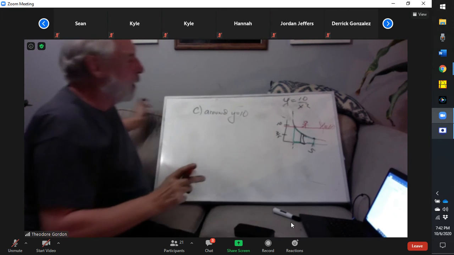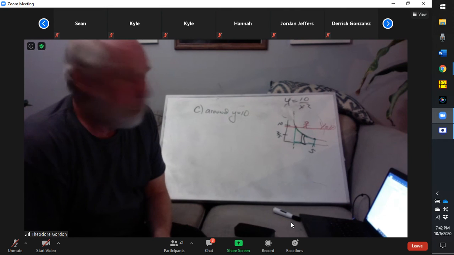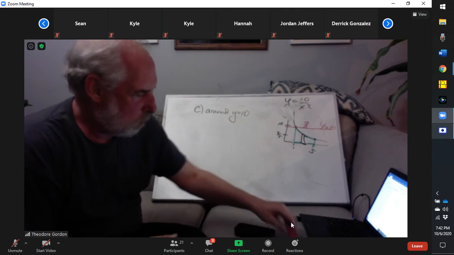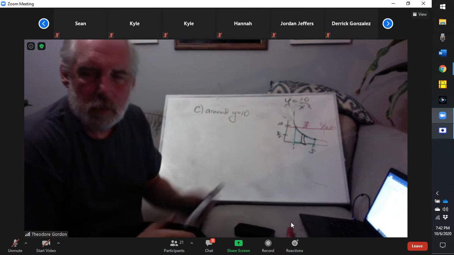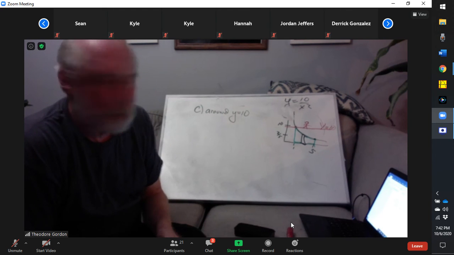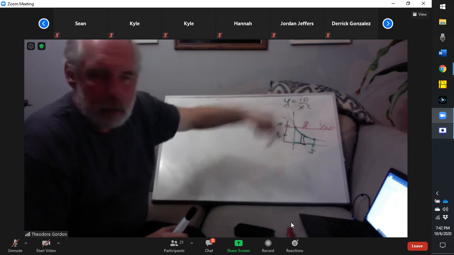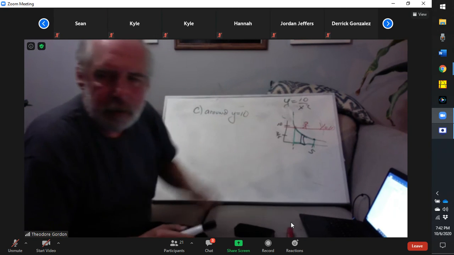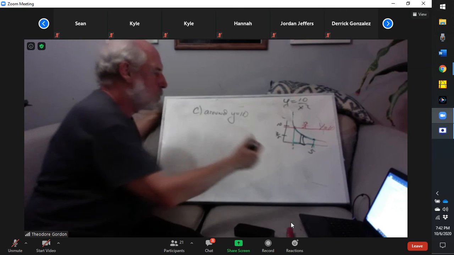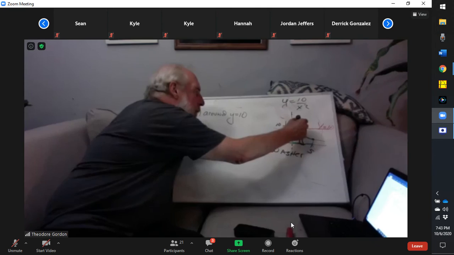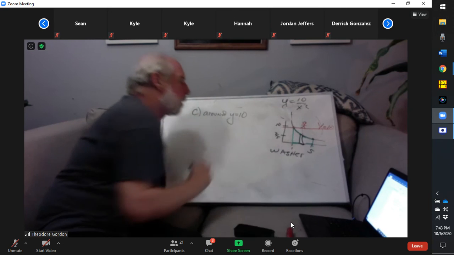We're going around here. So what's the method that we're going to use? This rectangle is going to go swinging around this way. And we've got an empty space here, so we're going to use washer, because we've got this empty space right here.